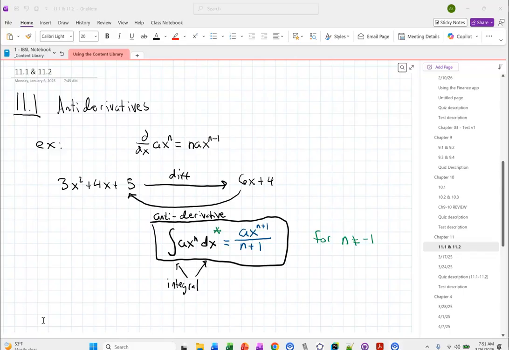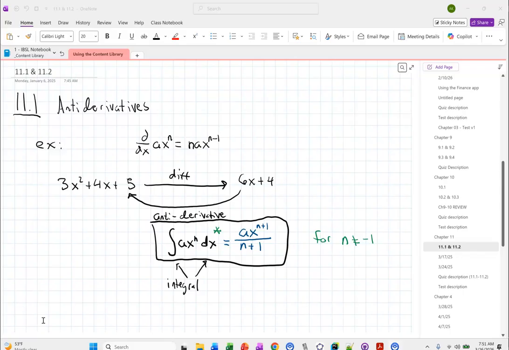Remember all that from last chapter? What we want to do is take that 6x plus 4 and recover the 3x squared plus 4x plus 5. That recovery process is called antidifferentiation. So far, so good? Just trying to beat in some vocab into your brains here so that when we hear some words, you understand what it is that we're doing.